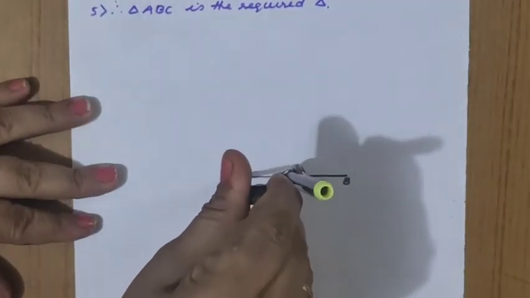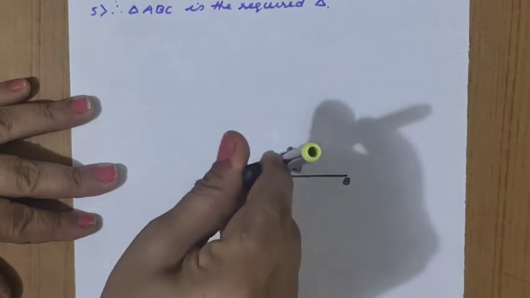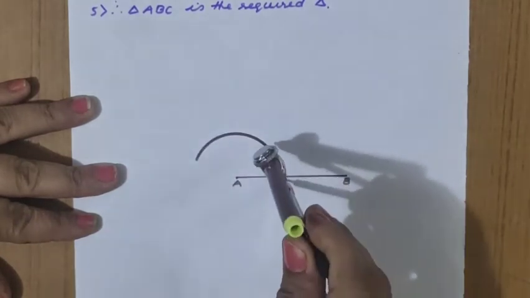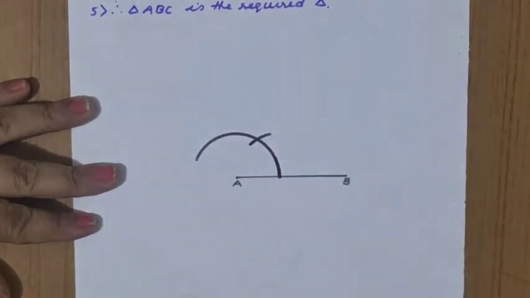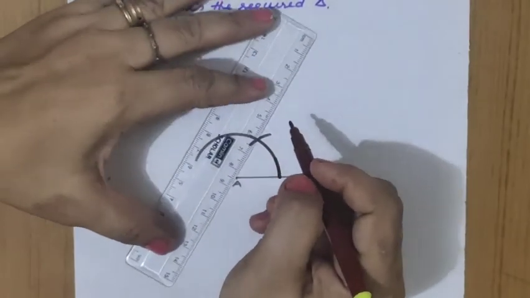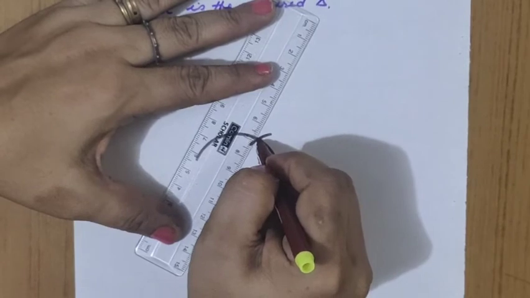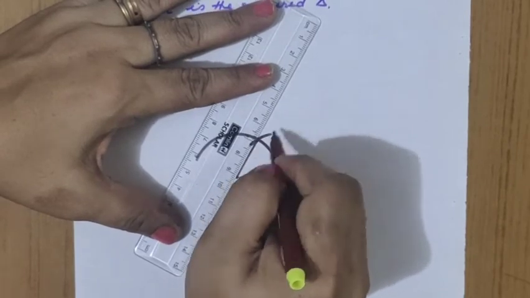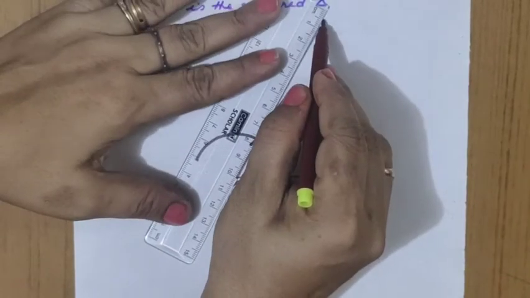So here any convenient radius we can take and draw the arc. So only one cut to be taken, that is our 60 degree, right? So through this we will join. So this is our X.